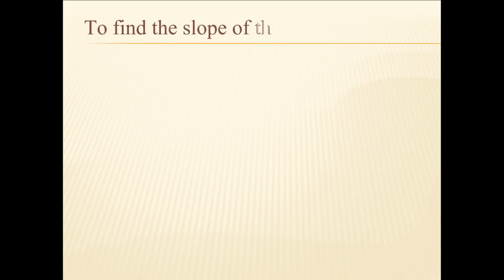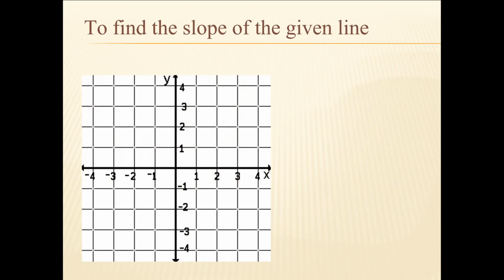Now to find the slope of a given line, let us say we are given a line on a Cartesian plane. You identify two points which have easily measurable coordinates. You can identify the coordinates of any two points from the line, and then you calculate how much it is changing in horizontal and vertical direction.